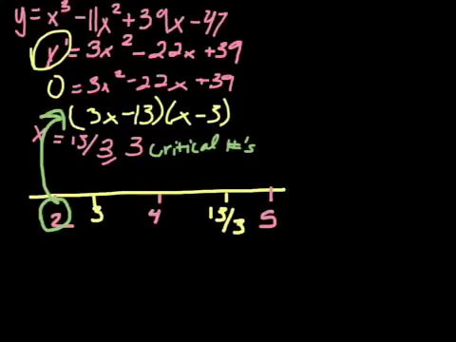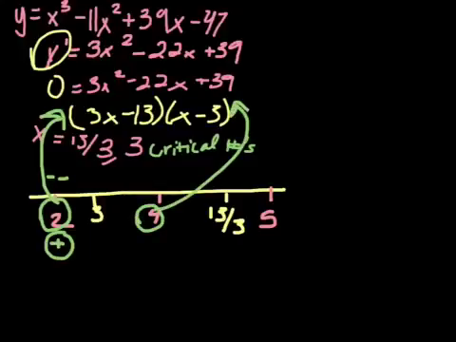So 3 times 2 minus 13 would give us a negative number. And then 2 minus 3 would also be negative. So negative times a negative equals a positive. Let's plug in 4 now. 3 times 4 is 12 minus 13.